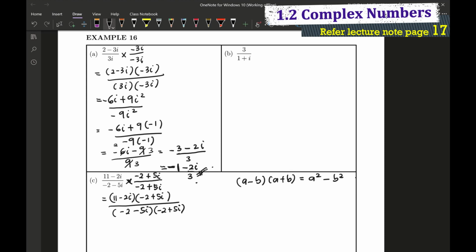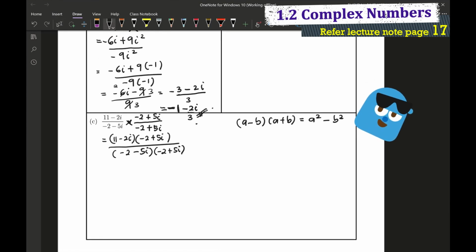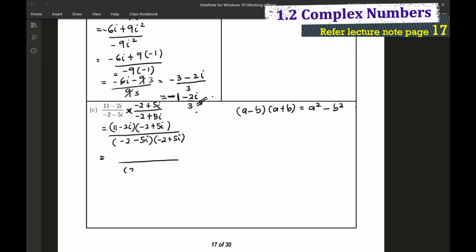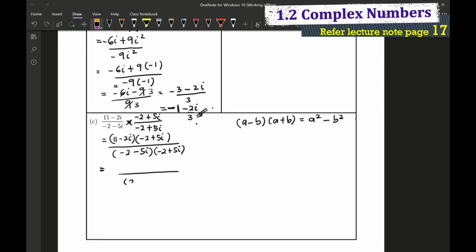So for this one, you want to do a more difficult operation. Down below for the denominator, by using this formula, a is -2, so our -2 will be squared minus our b. What is our b?